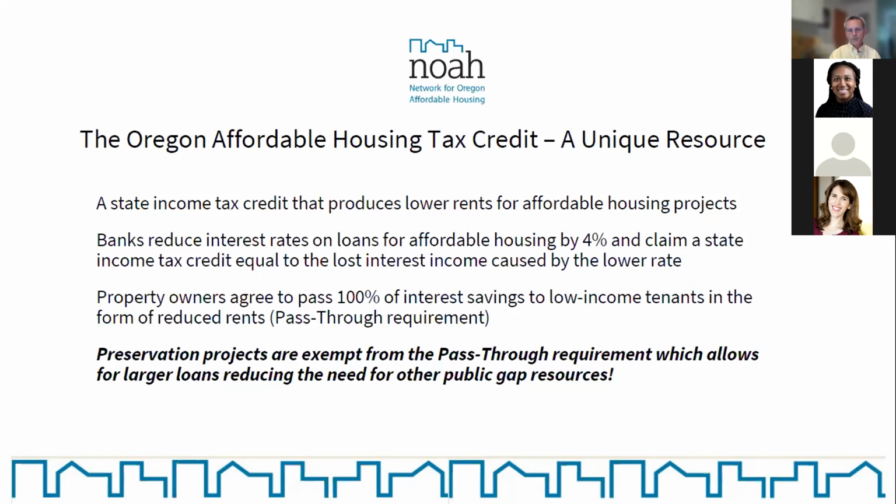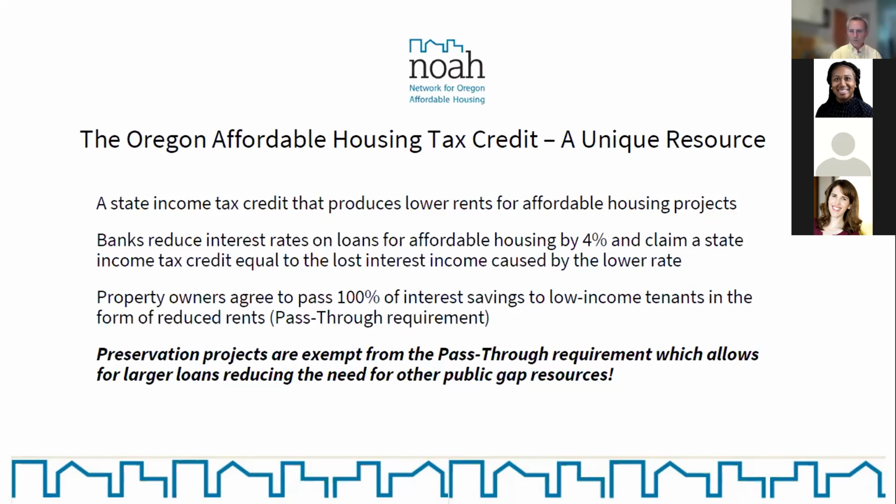And so they decided, let the rents stay where they are, get the maximum federal subsidy that you can, and instead use that interest rate savings to finance larger loans. And that in turn then reduces the need for other public gap resources. So it's really effective for preservation projects.